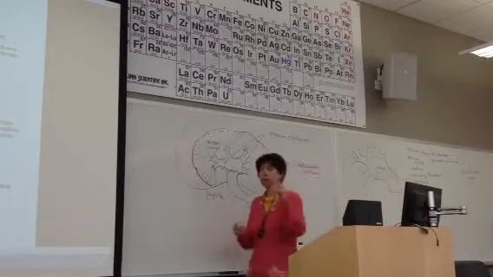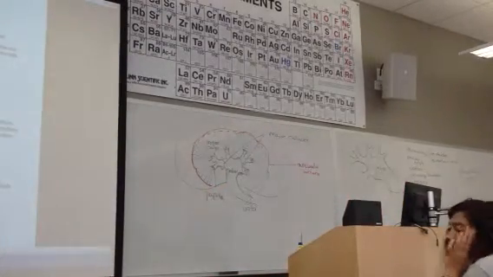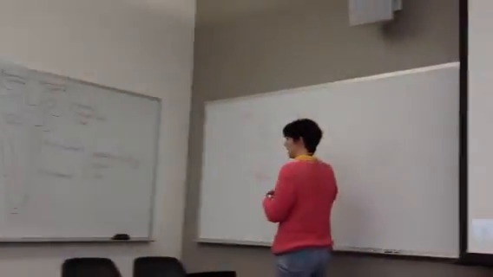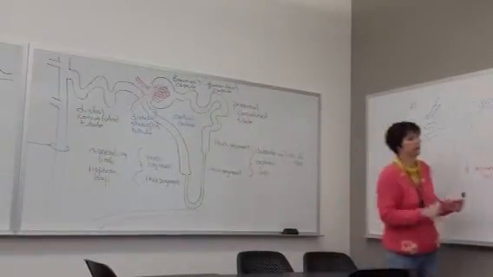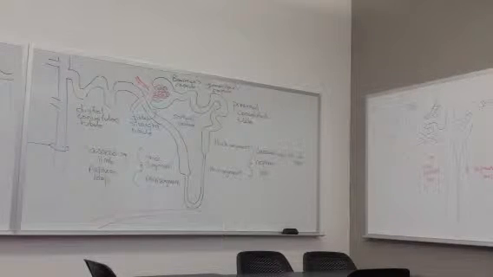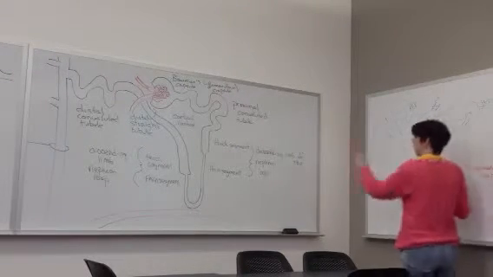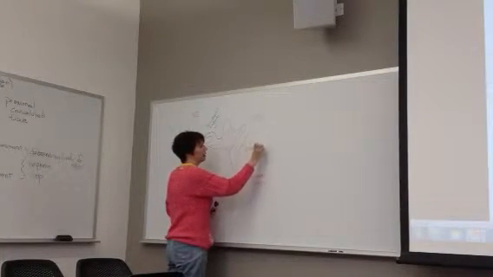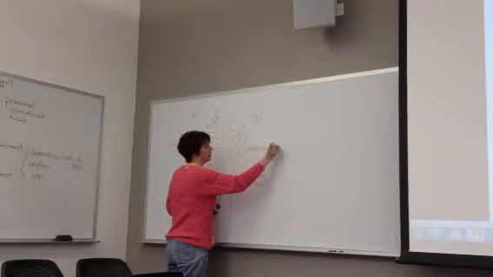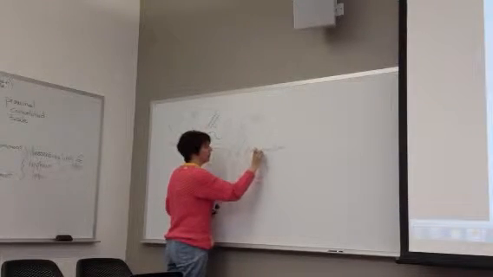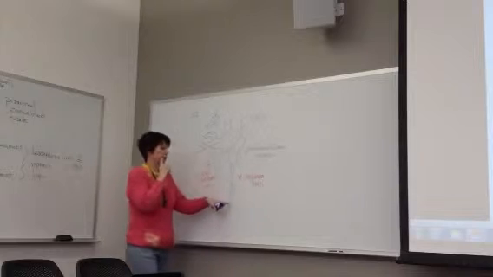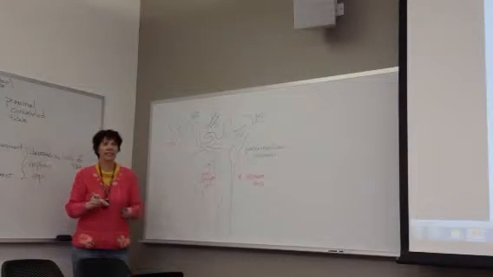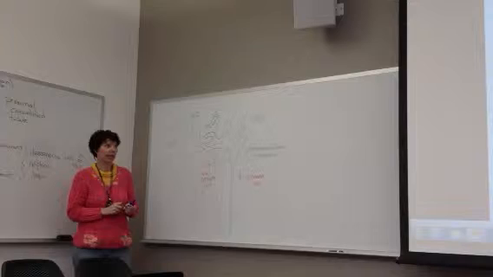So if the loop extends down into the medulla, then this is identified as a juxtamedullary nephron, because the capsule is juxta or next to the medulla. So that's a cortical nephron. This would be a juxtamedullary nephron. And there's a purpose for these loops going down into the medulla that we'll talk about next week.